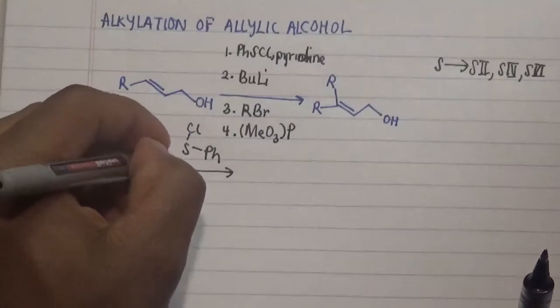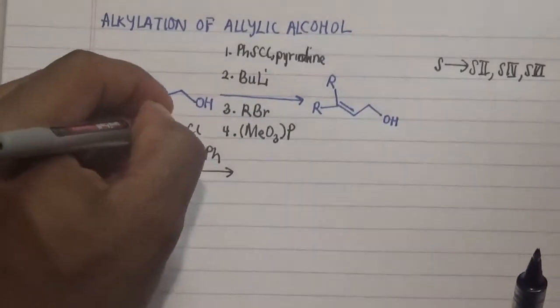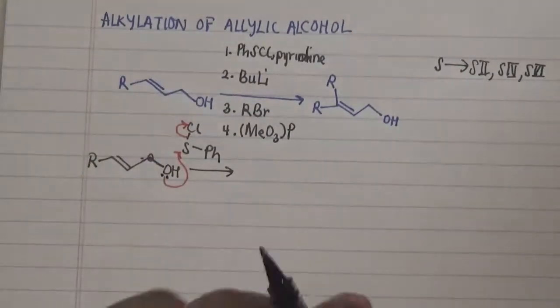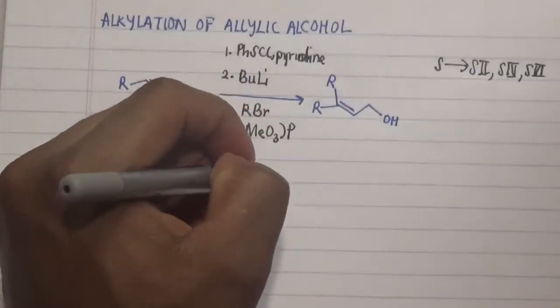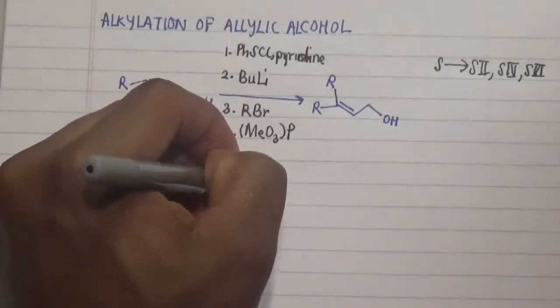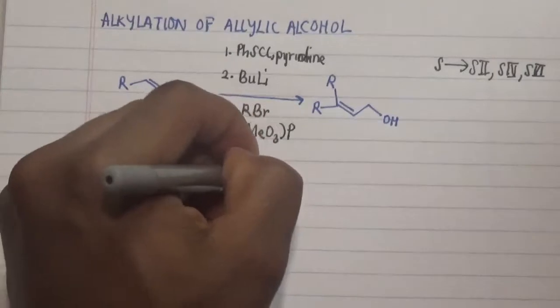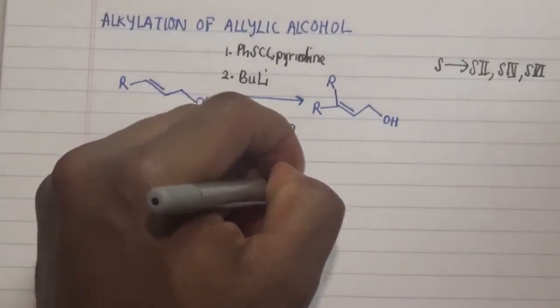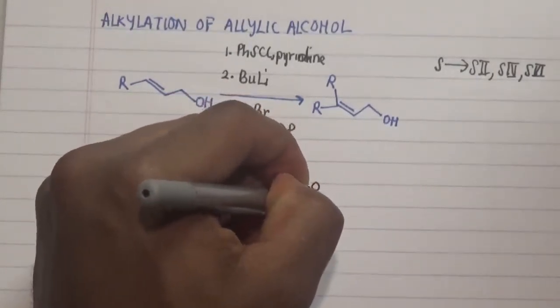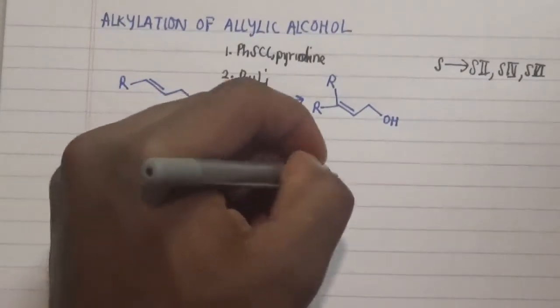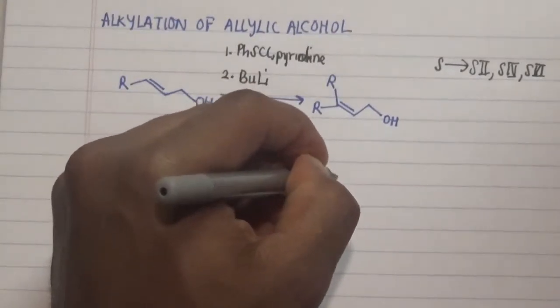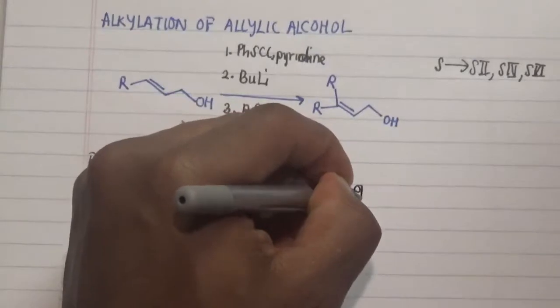We have a leaving group, which is chlorine, and what results is the formation of an alkyl group attached to a double bond, and this is attached to oxygen with a positive charge, and over here we have our sulfur attached to our phenyl group.